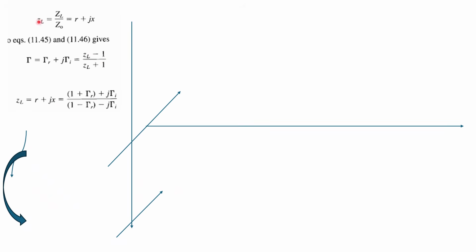Now also ZL from these equations will be r plus jx, and in this equation we are going to replace the value with respect to tau. So find the value of ZL in terms of tau r and tau i and rewrite it.